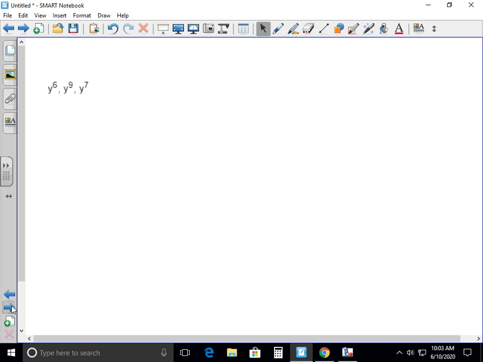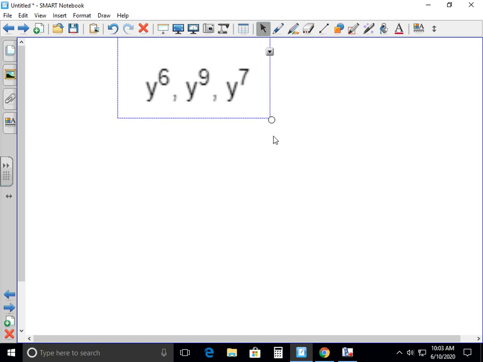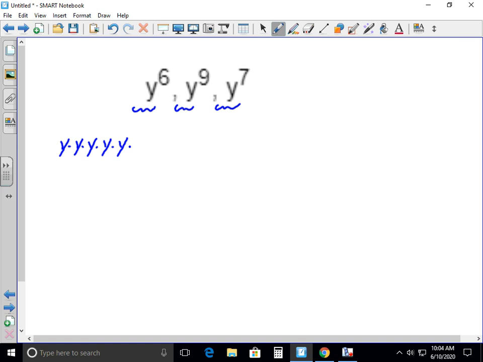Now let's look at one that has letters instead of numbers. As we look at these, we wouldn't want to have to sit down and write out all of those y's, and all of those y's. Because remember what y to the sixth means. It means y times y times y times y times y times y, until we have 6 of those.